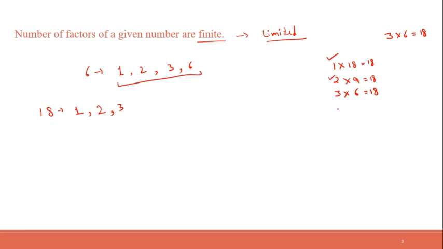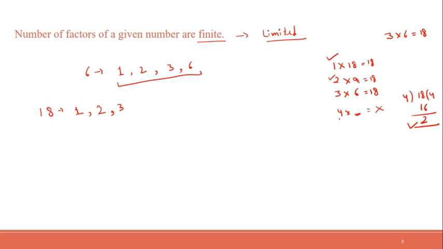Now come to 4. Can I write any number here so that when I multiply it with 4, I get 18? No. Why? Because if I divide 18 by 4, 4 into 4 is 16, and I am left with a remainder of 2.